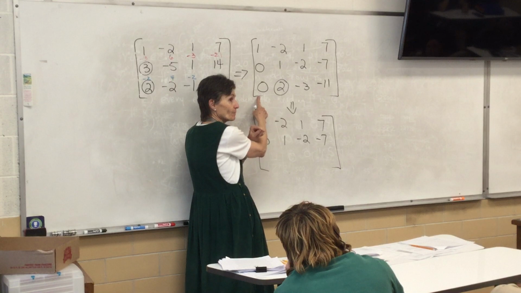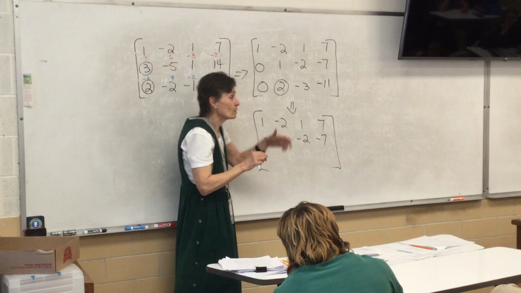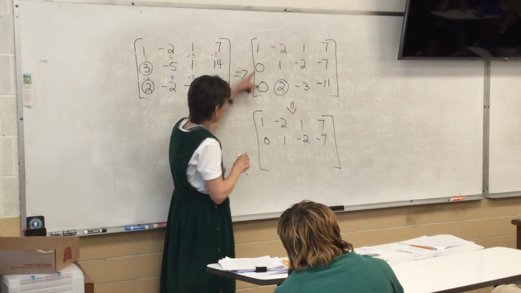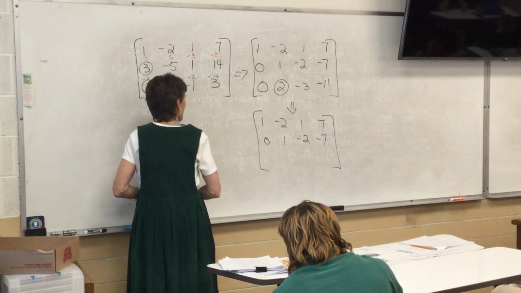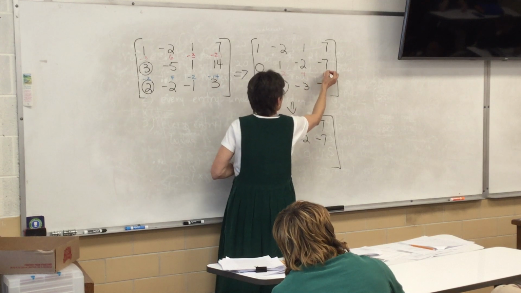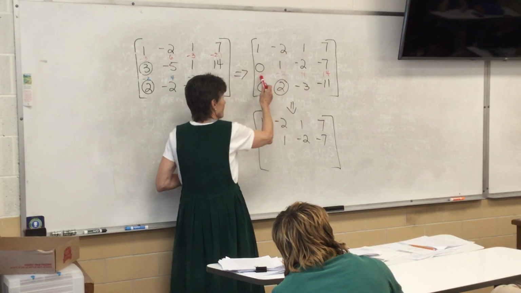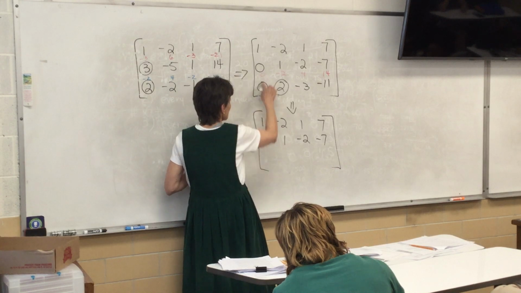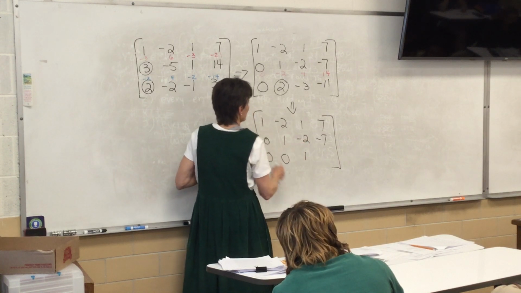Because he's going to put a 1 here, right? So I'm going to have to use my second row, because that's the only way I'll be able to add and keep the 0 right here. So I'm going to take my second row, my new second row right here, and I'm going to times it by -2. So my second row by -2, so that when I add it to my third row, I'll get a 0. Oh my gosh, I got another 1, that's awesome.